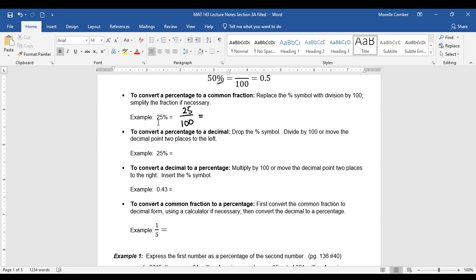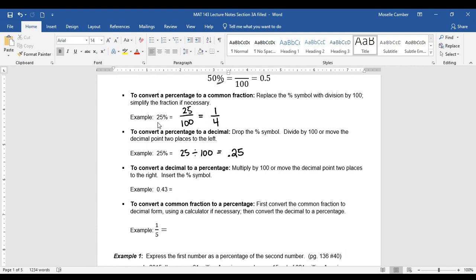Simplifying this, whether by hand or by calculator, would give you 1/4. Now, if you're going from a percentage to a decimal, you replace the percent sign by dividing by 100. So you would do 25 divided by 100, and you would get the decimal 0.25.